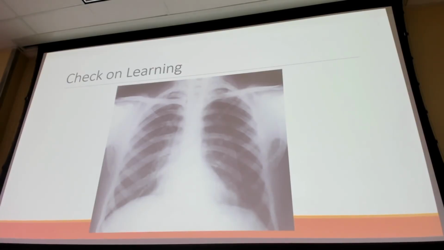All right. So let's say you got a 20-some-year-old male. He presents with chest pain and shortness of breath. He's stable, vital signs are stable, and you get this chest X-ray. What's your initial treatment of this patient?